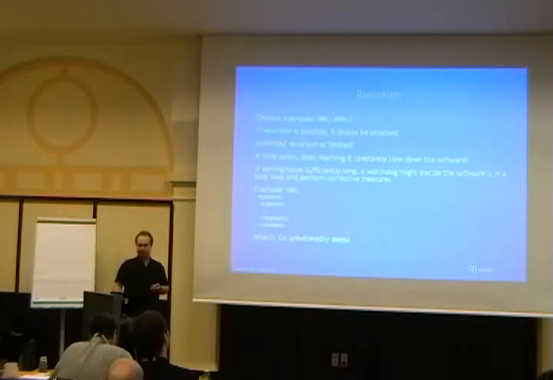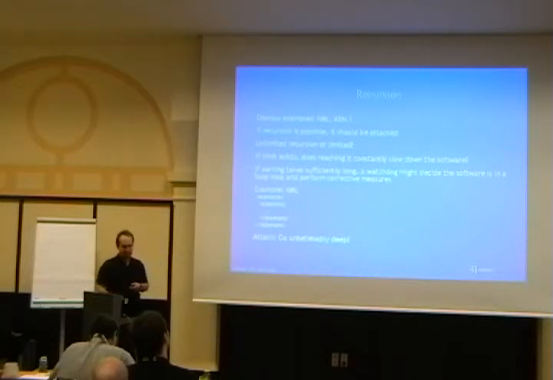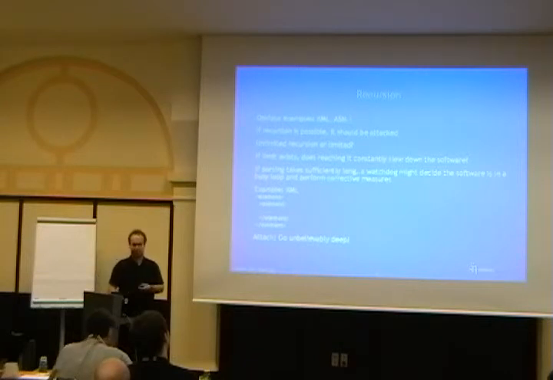There might be a limit that says you can only recurse 20 levels. But if you constantly try to reach that level with incoming structures, you might still be able to slow down the software and at least find a degradation of service problem. Or if there is a watchdog that is looking at how the software is behaving, and a parsing routine takes a long time to reach the end of the recursion, the watchdog might reset the software.